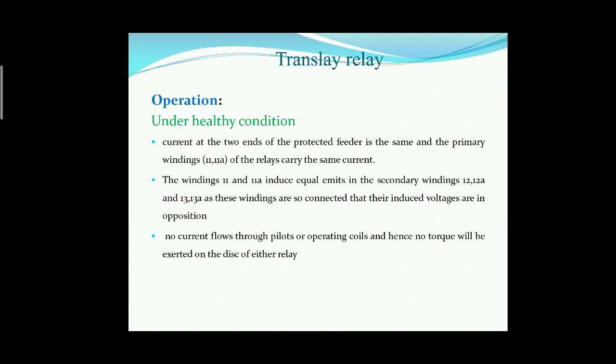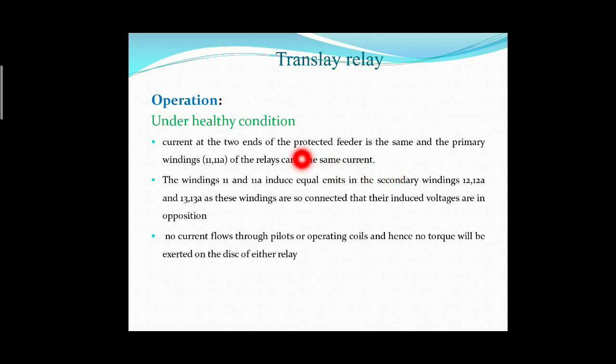Next, coming to the operation under healthy condition, that means the no fault condition. In that situation, zero current will be flowing to the coil. No torque will be produced and no disc will be rotated. Under normal operation, the current at the two ends of a protected feeder is the same and the primary winding of the relay carries the same current.